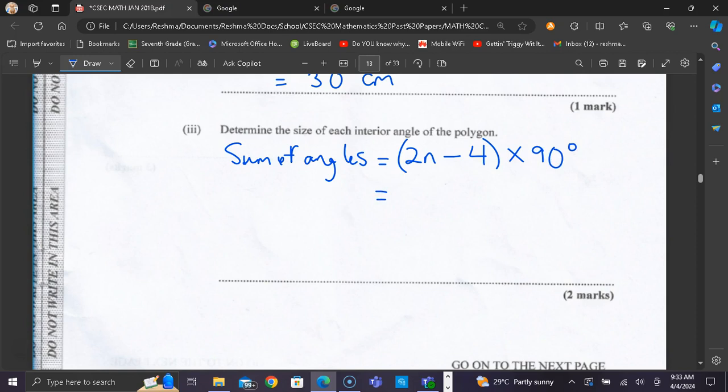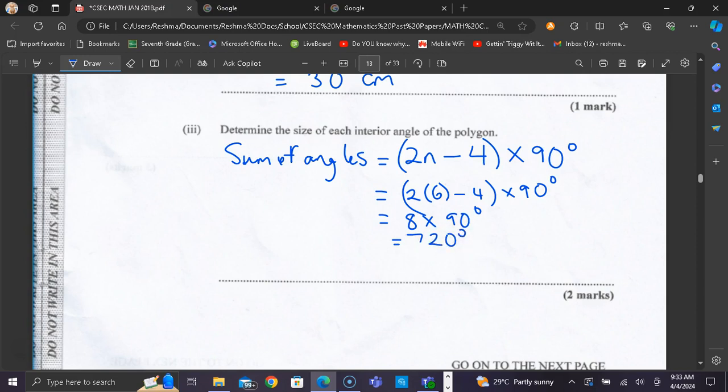So since we have 6 sides, we substitute n as 6. So we get 2 by 6 minus 4 times 90. So 6 2s are 12, take away 4 is 8, so we have 8 times 90, and that will give us 720 degrees.